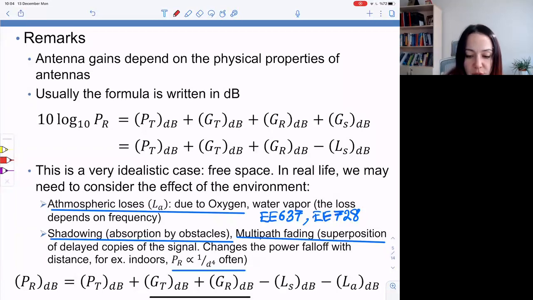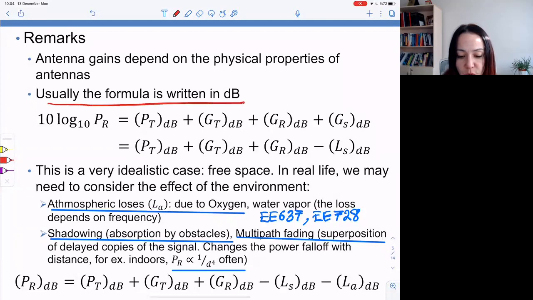Usually, the formula for a link budget is written in terms of decibels. Because you know, taking logarithms helps us convert multiplication into a simple addition, and simple addition is always an easier thing to do, especially if you're dealing with multiplication of very large numbers.